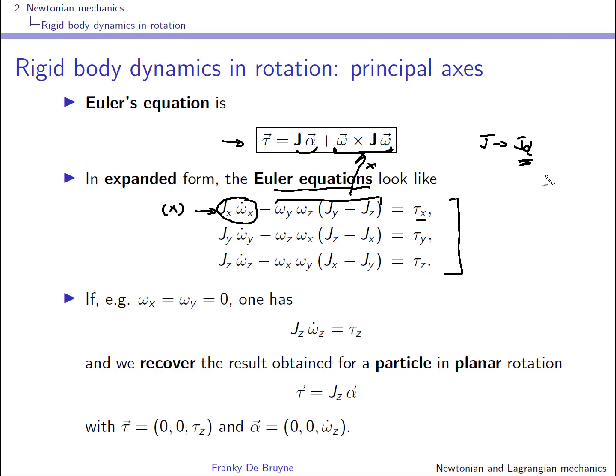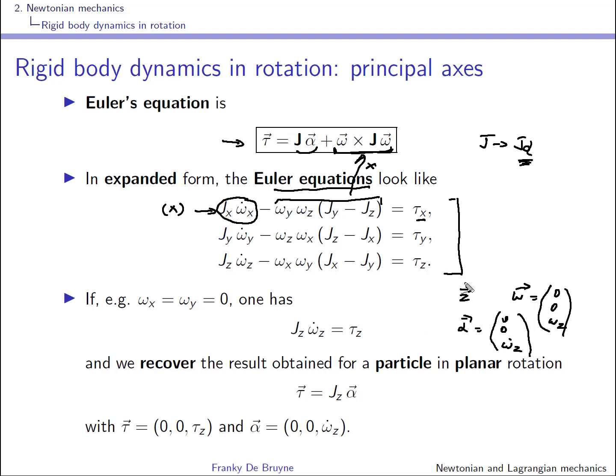So these are Euler equations in the case of a diagonal matrix, and here they are in an expanded form, right? Now we can have a look if the axis of rotation points in the z direction, right? So this means that the vector omega is simply 0, 0, omega z. Okay, so this means that alpha is 0, 0, omega z dot, right?